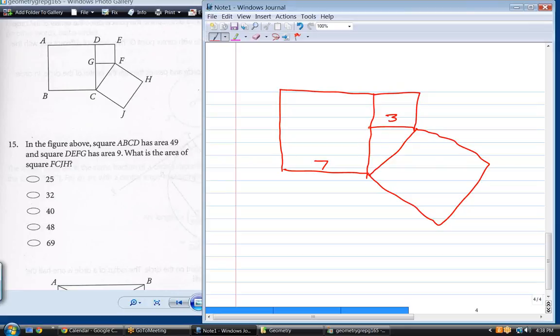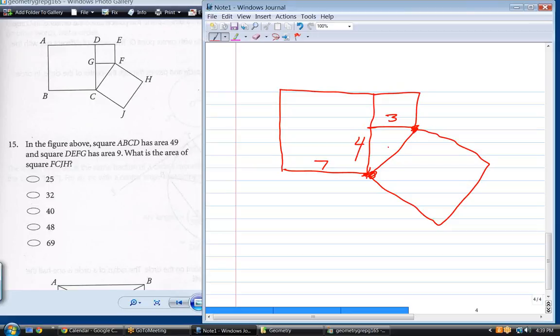What's this side right here, from here to here? 4. What's this side right here, from there to there? So you would have 9 plus 16, 36, 6. 9 plus 16. Oh, sorry, 5. My bad. It's all right.